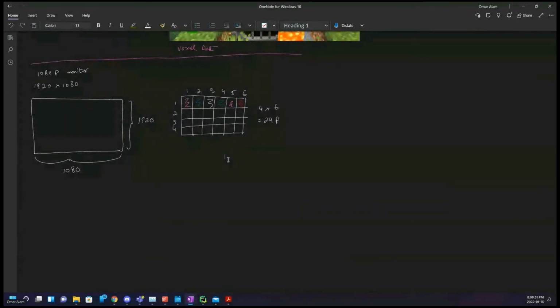Isn't that exciting? So the idea I'm trying to bring home is that a monitor or basically any image can be represented by a 2D matrix. And how do we do this?